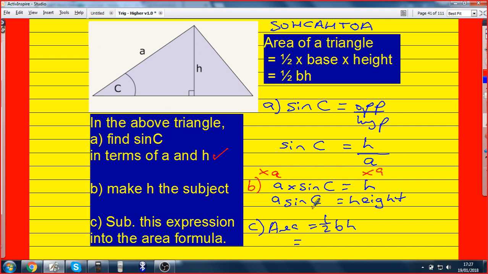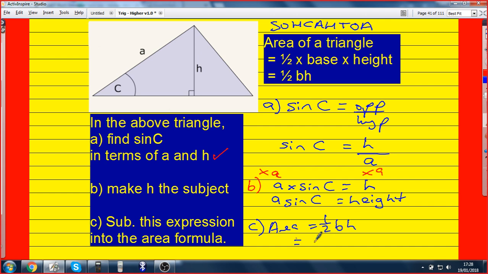You have to multiply it by the height. So it's literally a half base times height, so a half BH. H equals A sine C. So in the formula, instead of H, you just write A sine C. So what do you get?